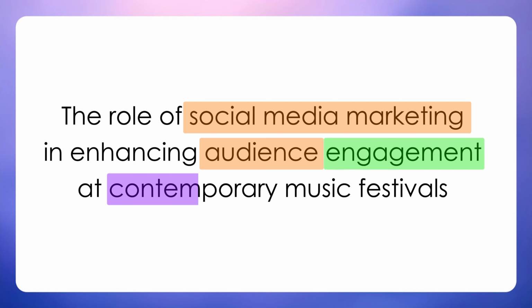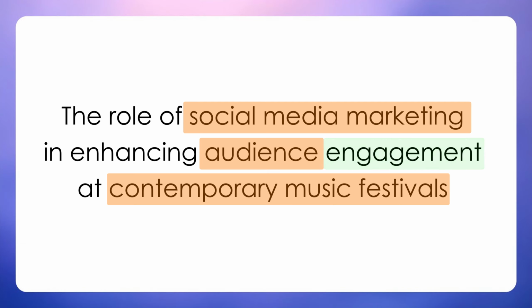And then we have contemporary music festivals, which as a type of product, it is context. So from the working title, we have one word that is about theory, which is good. And in this instance, engagement, or more specifically, online engagement, because we are talking about the online world.